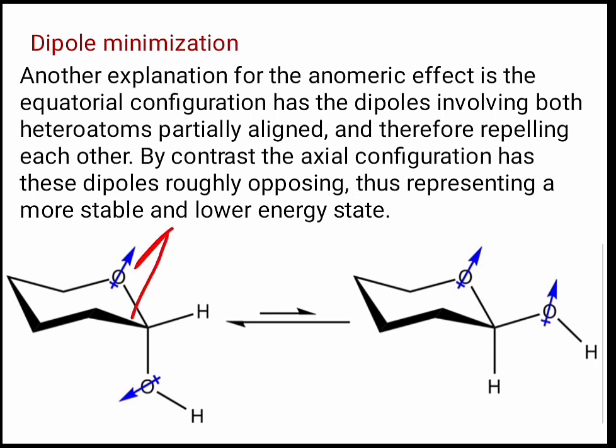As the dipole, this one and this one, are almost opposing each other, that's why this structure is more stable. But this dipole has a direction in this one like this. These dipole vectors are repelling each other. They can repel.